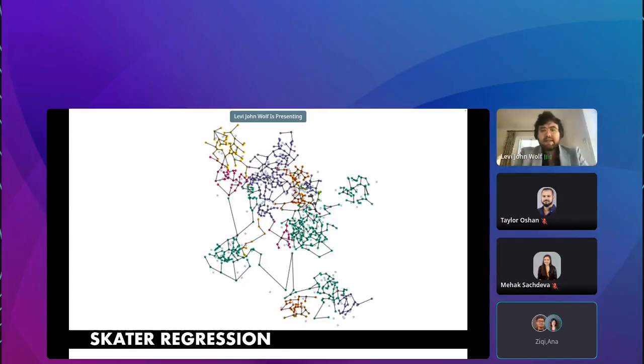So a good example of what a SKATER regression result might look like is here. We've used SKATER to find a couple of different clusters. I'm showing you them in different colors. And the minimum spanning tree I've drawn across the observations in gray.